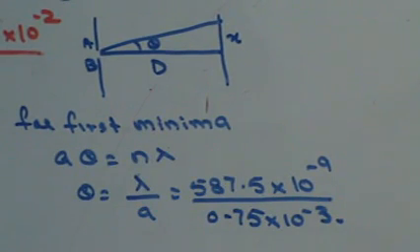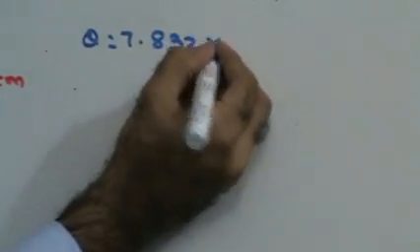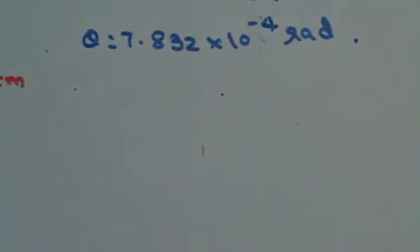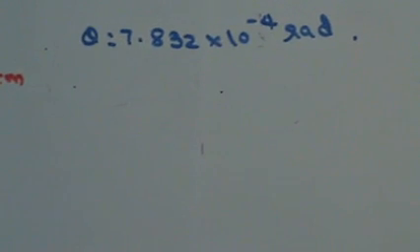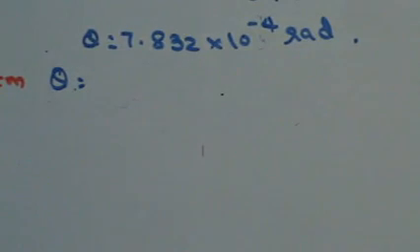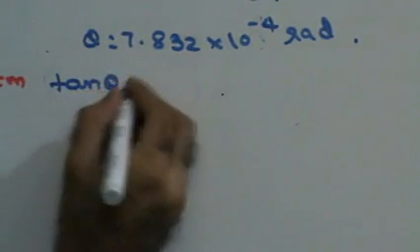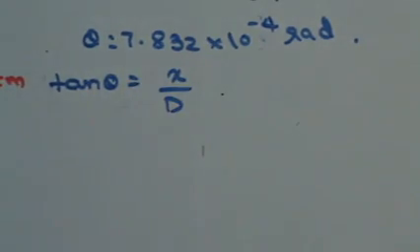So in that case, when you solve this, you will get this answer in terms of radians. You will get theta is 7.832 into 10 raised to minus 4 radians, right? I have this in radians, so for calculations I need it in radians. I can use the formula tan theta is x upon d.